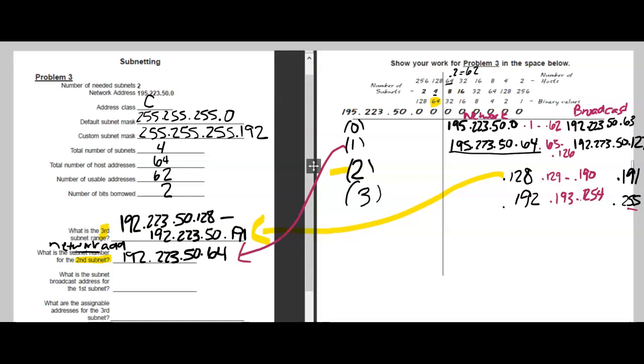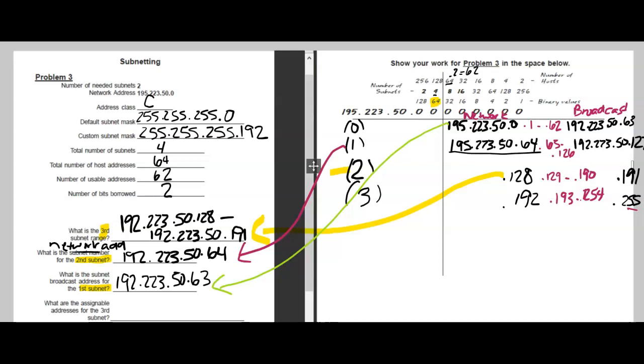The next thing we need is, what is the broadcast address for the first? So the first is actually the 0th, which we're not supposed to assign out of, which we wouldn't be because it's a broadcast address. So this first one would go here, which is 192.223.50.63.